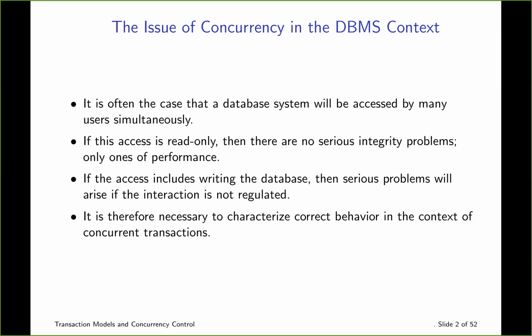But in databases, it has to be much more sophisticated because we're talking about access at different levels of granularity, like records or ranges in tables, or tables themselves, or even the database. So we need to study what a transaction is, and then categorize what should be the correct behavior of a system where you have multiple users doing reads and writes.